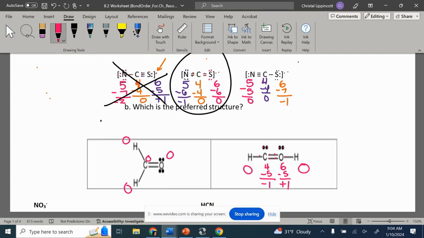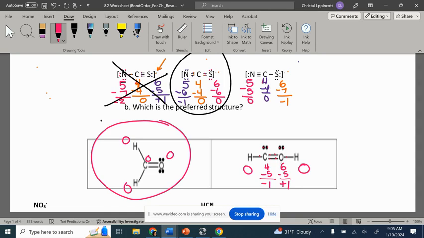The first, yeah. This one has 0 formal charge on all of the atoms. Here, we've got formal charge on 2. So that just in and of itself is going to eliminate that idea. Now, here, this carbon is less electronegative than oxygen.